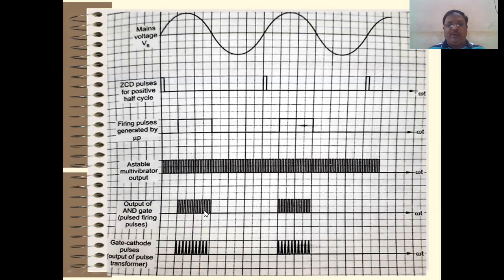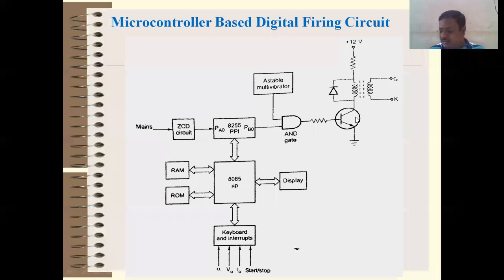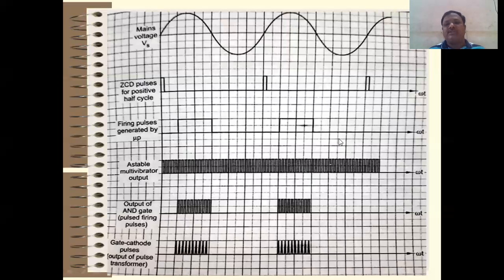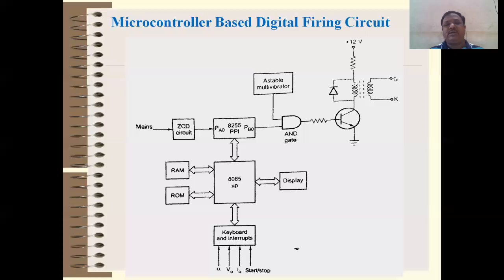Such pulses are applied as the firing pulses, and these pulses are applied to the base of the transistor in front of you, that is in the previous figure. This is an NPN transistor. So the output gate pulses are applied to the base of the transistor, and then through this transformer, or you can say relay configuration, the pulses are applied to the SCR, right? So this is the output waveforms of a microprocessor based triggering circuit.